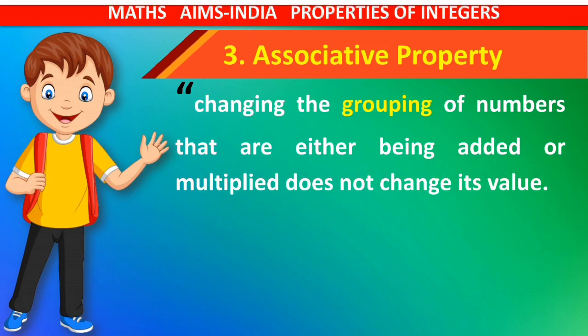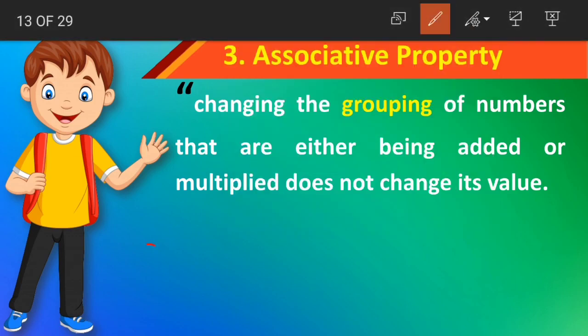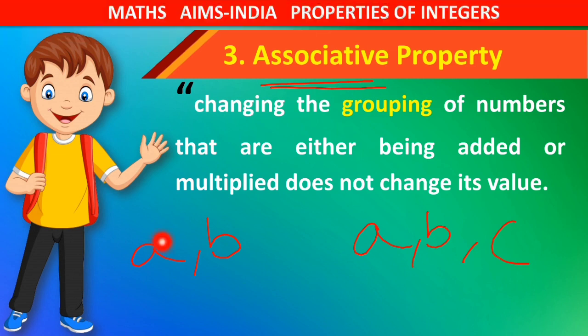Again, commutative property and associative property are very much similar. The only difference is that in case of commutative property, we have only two integers a and b. In associative property, we have three integers a, b and c. Okay, children? Both talk about changing the order or grouping of numbers.